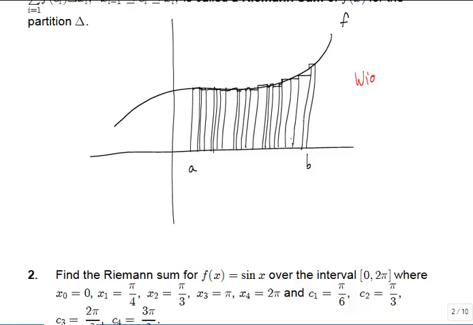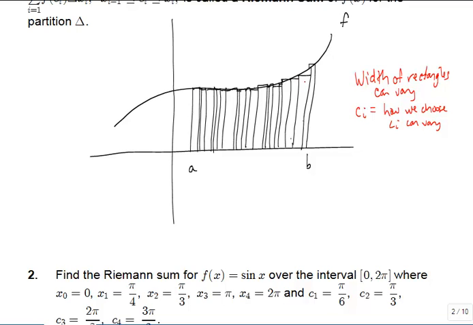Here, the width of the rectangles can vary. So you can see in this picture that some rectangles are wider than others. And you also get to choose the endpoints that you use. So c sub i can vary. In some of these rectangles, I might use left endpoints.